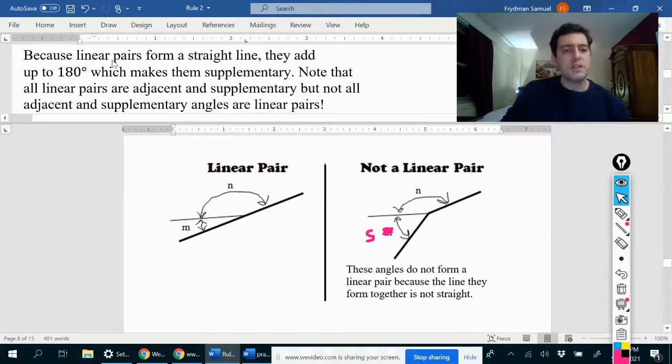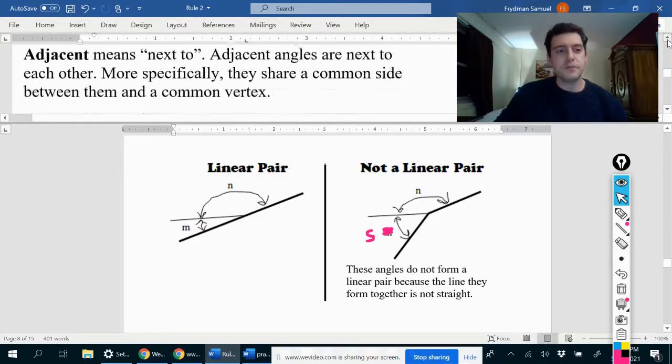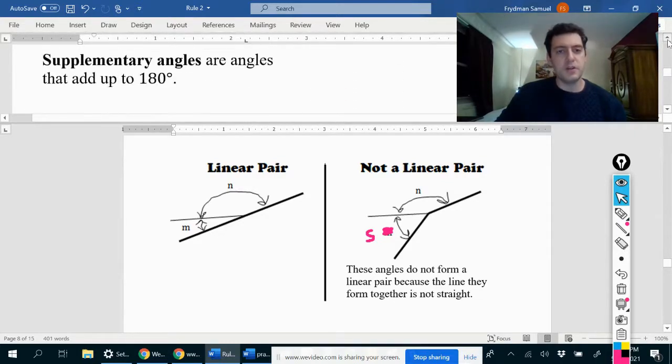Because linear pairs form a straight line, they add up to 180 degrees. So we talked about that, right? This is a straight angle. This is 180 degrees. So angle N plus angle M here make 180 degrees. Now that makes them supplementary, okay? So let's remind ourselves what supplementary means.